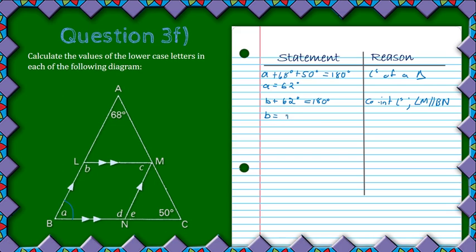So that's 118 degrees. Then C, now since this smaller quadrilateral is a parallelogram, since the opposite sides are parallel. Now we could have just used co-interior, but it's just going to be much easier to say that C is equal to A. So that's C equal to 62 degrees, simply because of opposite angles of a parallelogram.